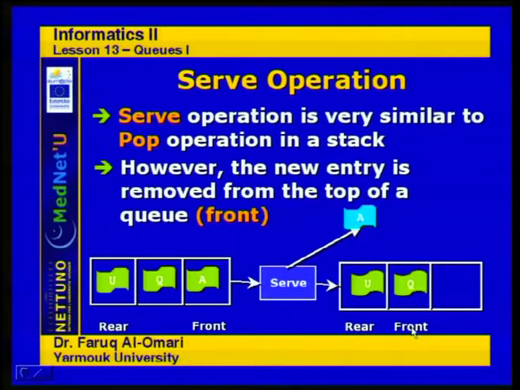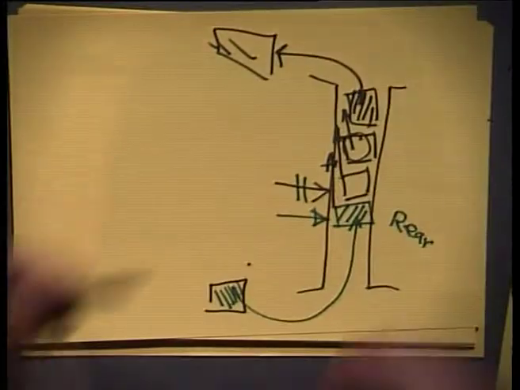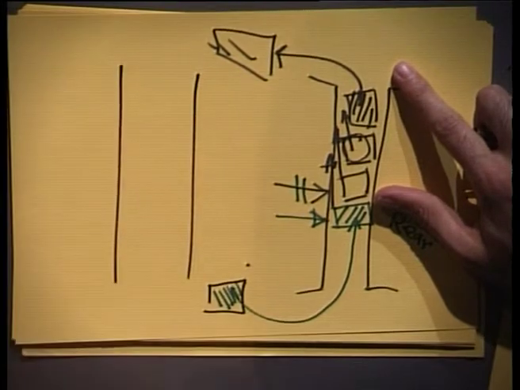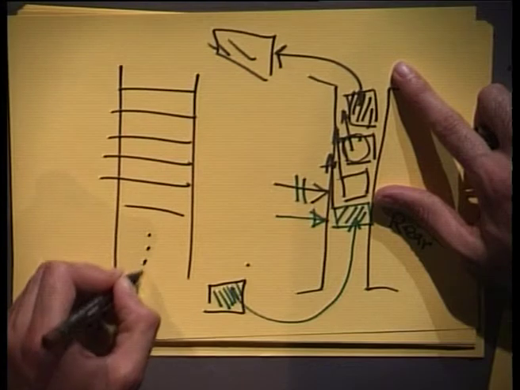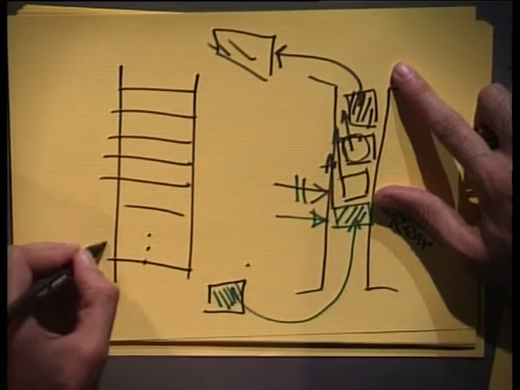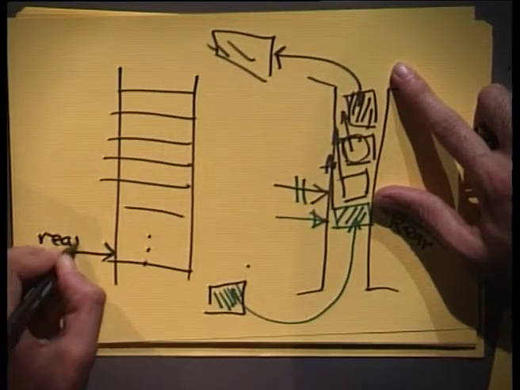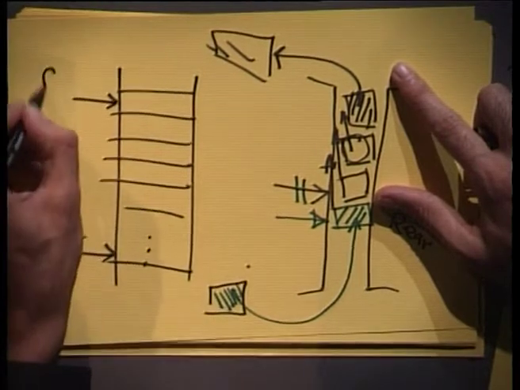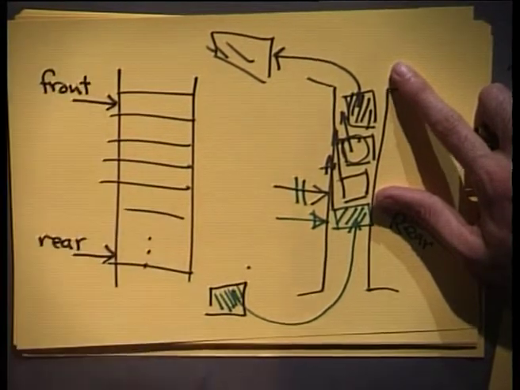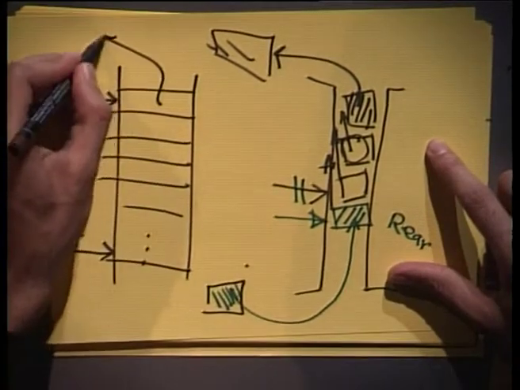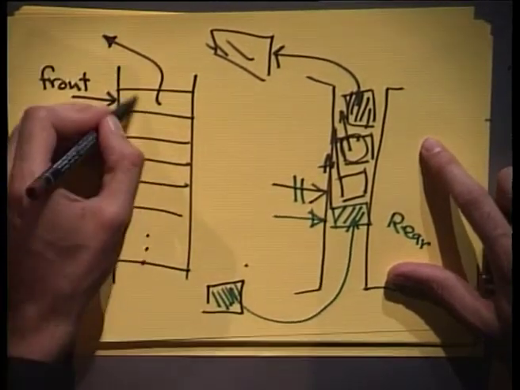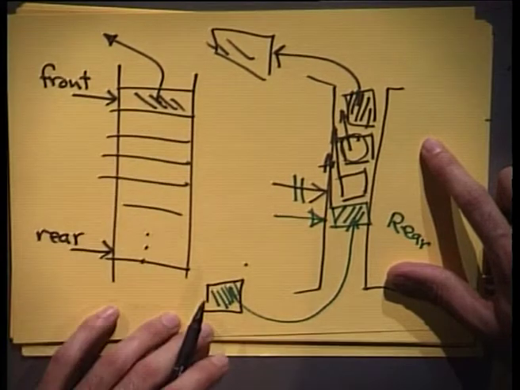Here's my queue again, and I have these entries in my queue. Here is rear, and here is front. And now I'm serving this entry, so this entry is going to go out of my queue.